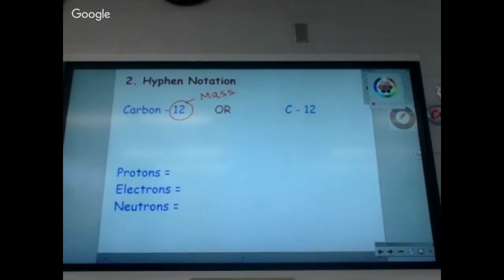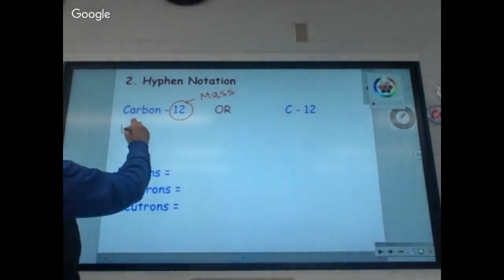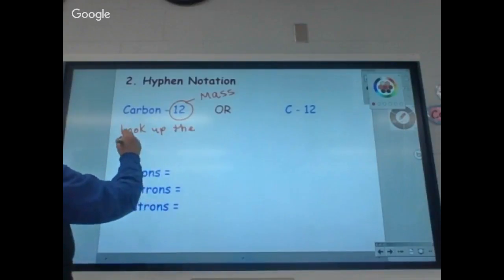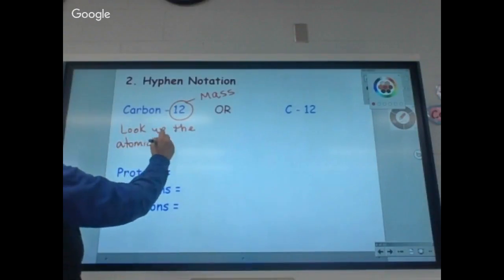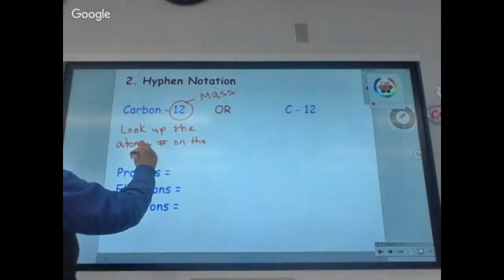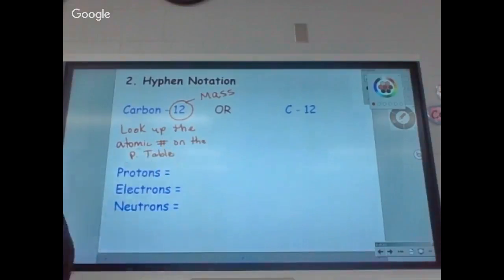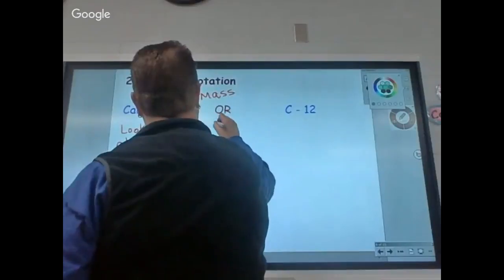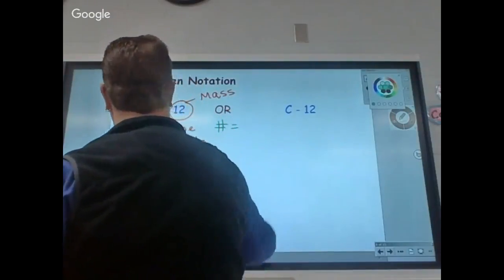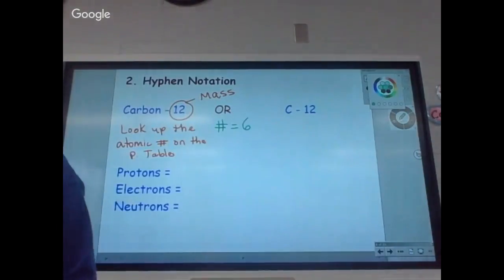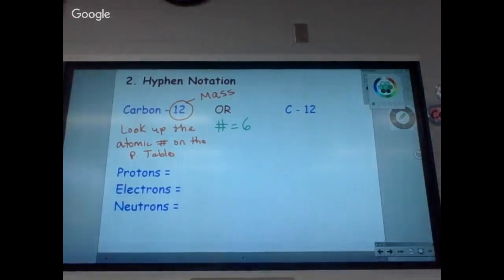It's always the same, so you can always look it up, okay? So we're going to look up the atomic number on the periodic table. So you're going to simply look on your chart and find out the atomic number for carbon, and it's what? 6. So now you have the same information that you had in the last 2 sample questions.